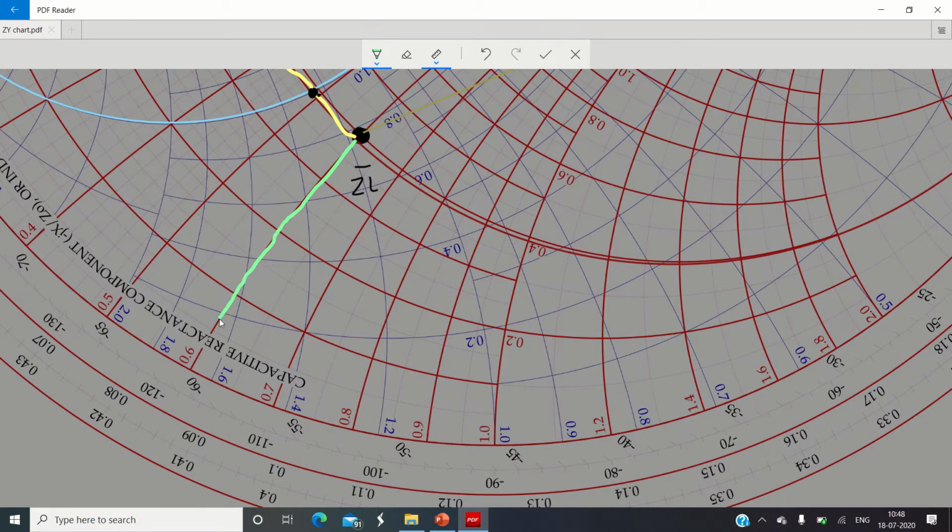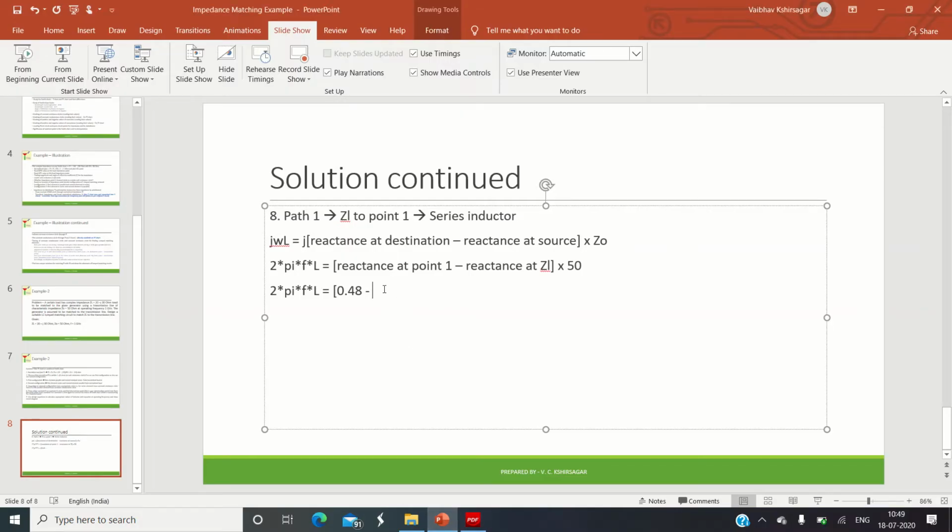Along with me, you also draw so that you can understand how to locate the values of reactances. So this is that particular value, 0.6. Exactly, it is located on 0.6, right? So the ZL reactance is negative, so negative 0.6. So minus and minus 0.6.